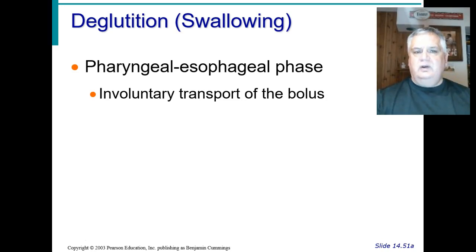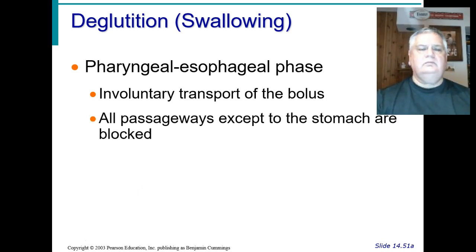This is an involuntary process, meaning that the autonomic nervous system, once the bolus enters the pharynx, it's going to cause a stretching in the pharynx, and there's going to be an autonomic response, and the smooth muscle, the muscularis externa, is going to begin that wave-like contraction or peristaltic contraction and begin to move the food toward the esophagus.